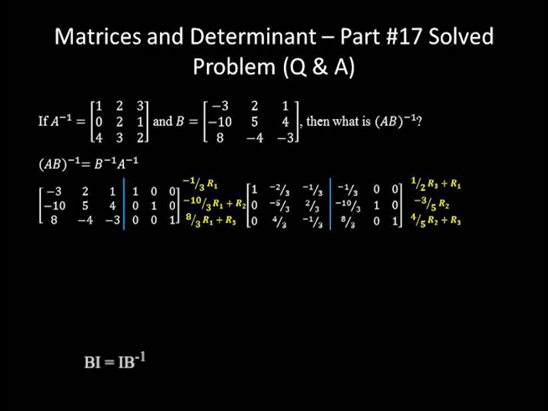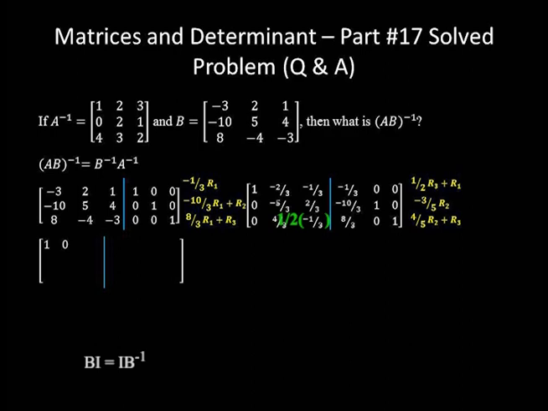Applying 1 over 2 times row 3 plus row 1 gives us 1 over 2 times 0 is 0. 0 plus 1 gives us 1. 1 over 2 times 4 over 3 gives us 2 over 3. 2 over 3 plus negative 2 over 3 equal to 0. 1 over 2 times negative 1 over 3 equal to negative 1 over 6.